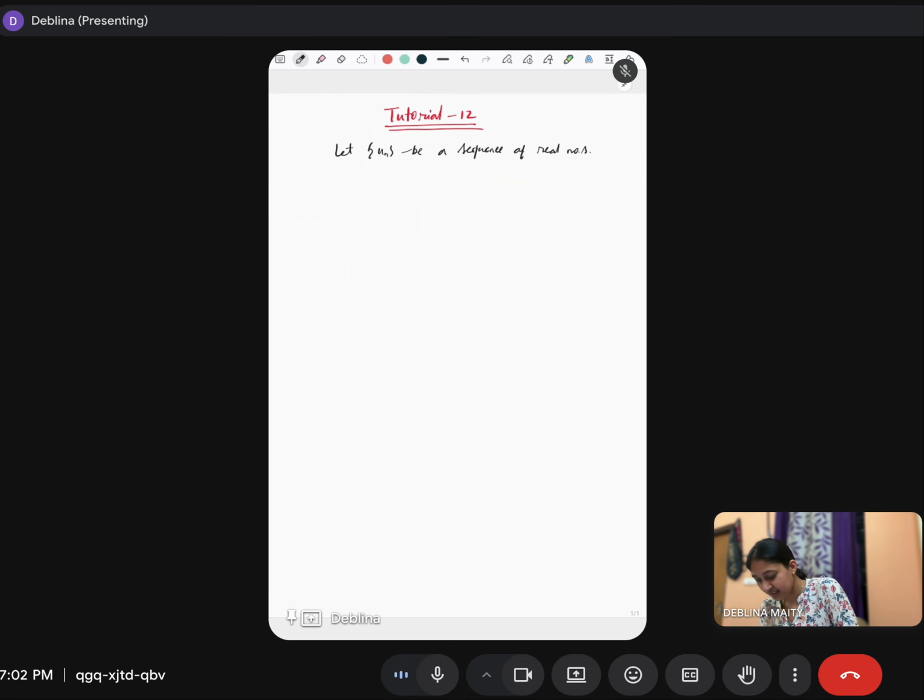Now we define the sequence Sn by: S1 is U1 from this sequence, S2 is U1 plus U2, S3 is U1 plus U2 plus U3, and this goes on, right? So what is Sn? Sn is the nth sum of this sequence Un, right?